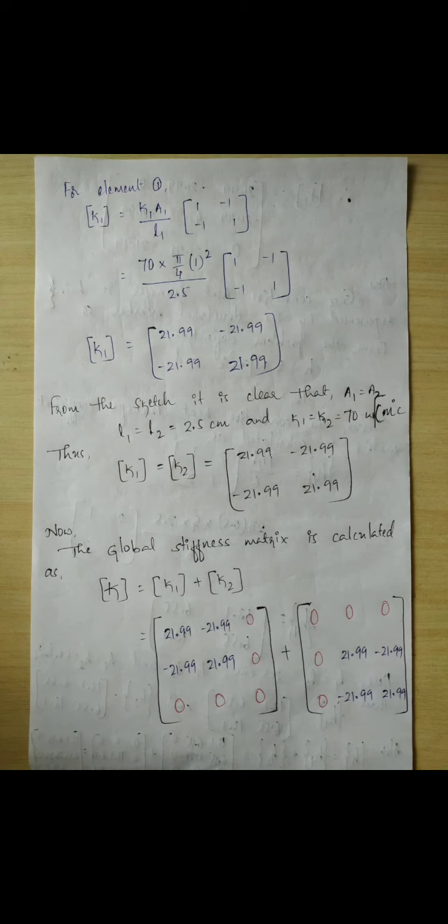Also, k1 is equal to k2 and A1 is equal to A2. Thus, small letter k1 will be equal to small letter k2, which is also expressed by the same matrix [21.99, -21.99; -21.99, 21.99].